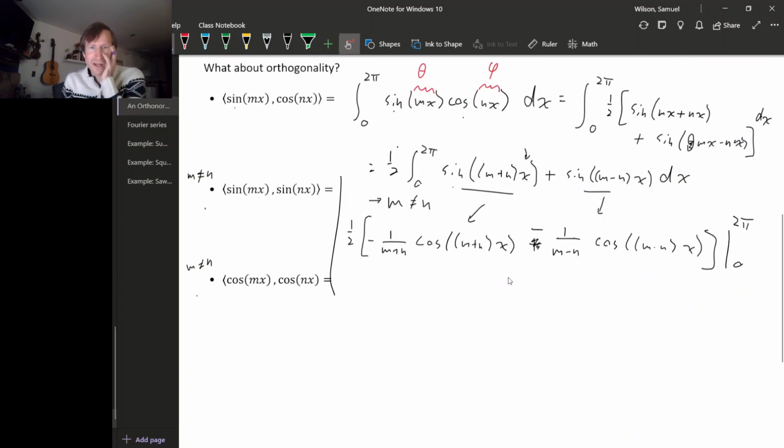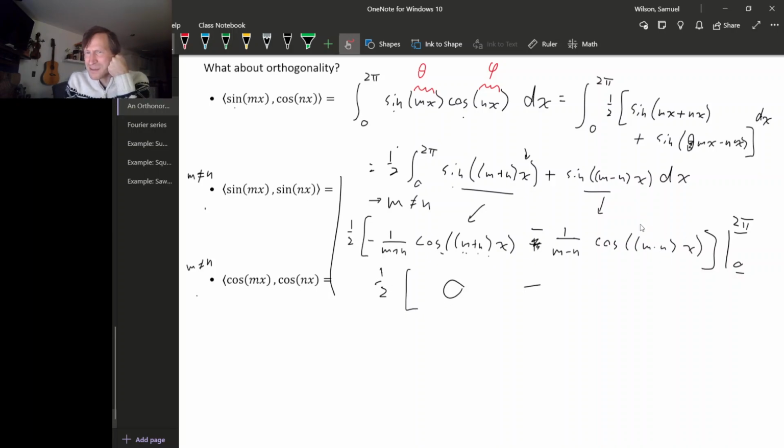So now we can just finish evaluating. But you see, when we plug in 2 pi and we plug in 0, cosine will give us this cosine of (m plus n) times x. Because m plus n is an integer, when we plug in 2 pi and when we plug in 0, we get the same thing. So this is going to give us a 0 right here.